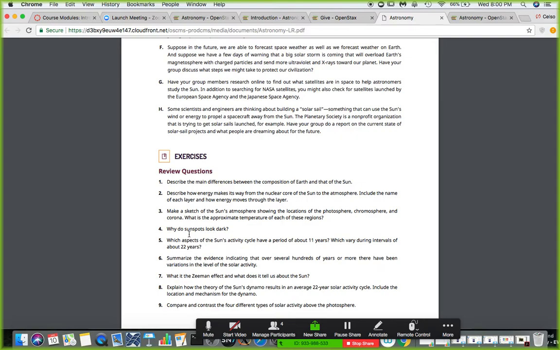And they are cooler because that region has lots of magnetism that prevents the hot gas from moving up and warming up the atmosphere. All of the answers are in the book, and it's a nice way to study if you don't have time. Certainly, if you have a buddy in the class to study together, even better. But if that's not the case, you can always ask me to answer any of the questions, and I will go through them with you. Okay.